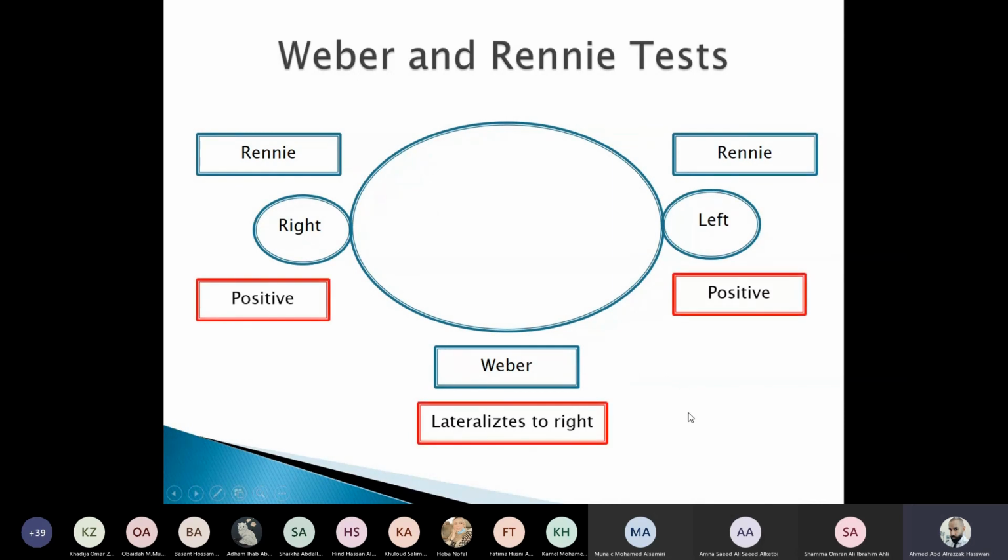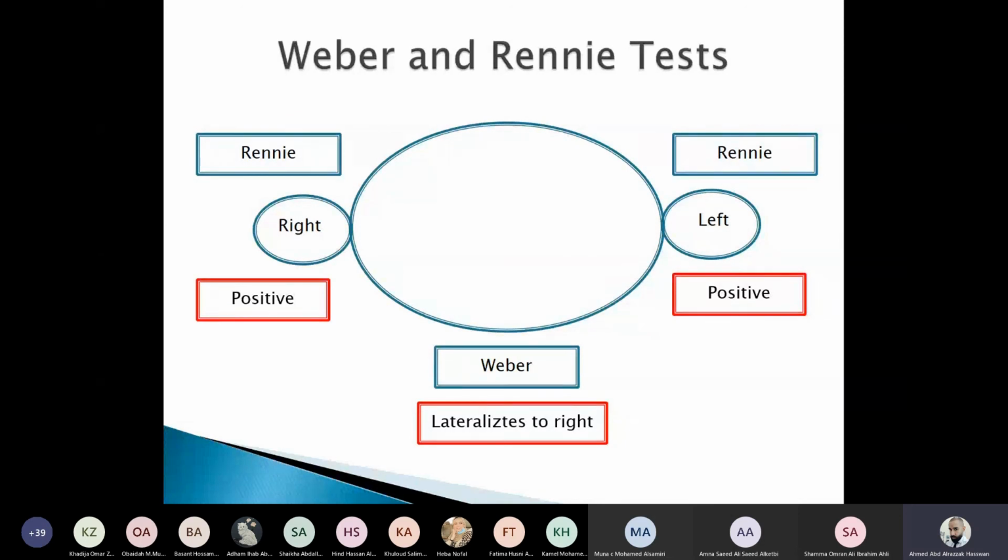Okay, guys, who can tell us what is this case? Or maybe what is your diagnosis for this patient? So Weber lateralizes to the right again, but both Rinne readings are positive. Okay, Muhammad, how do we confirm if it's sensory neural? We cannot actually.